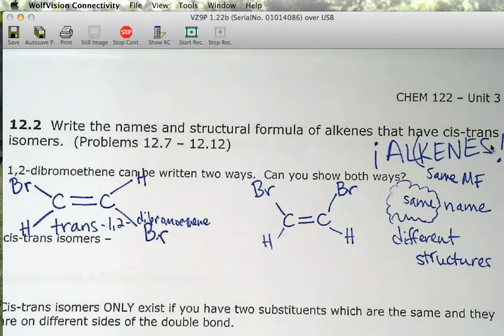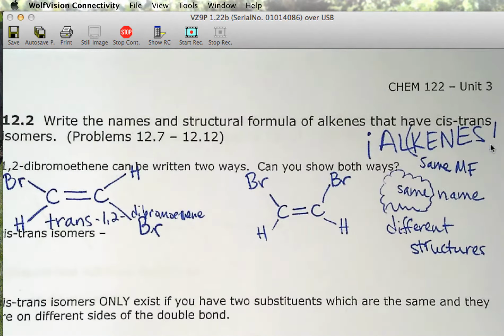I have a friend, she and her sister are so close. They're best friends, above husband, above anything else. They're very close sisters. So I always think of that type of relationship when you think of cis. Cis-1,2-dibromoethene.